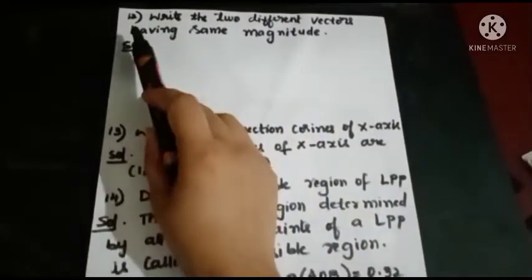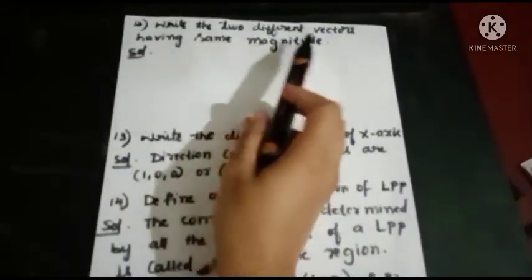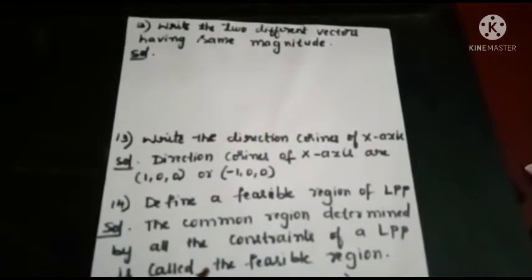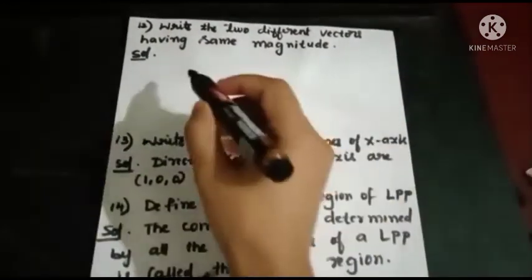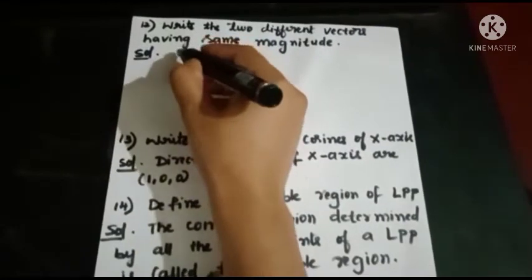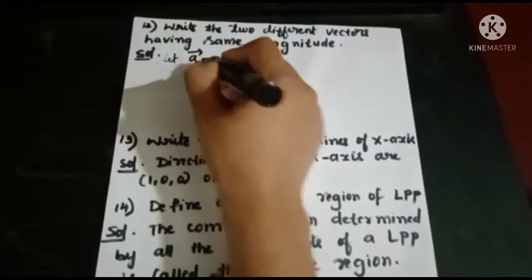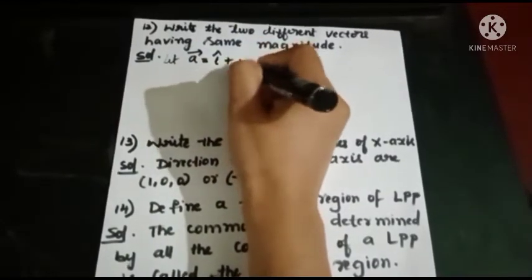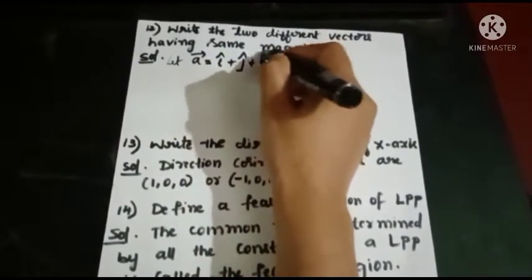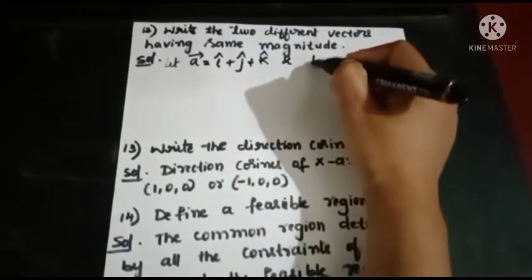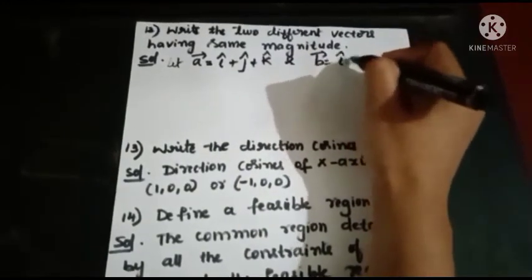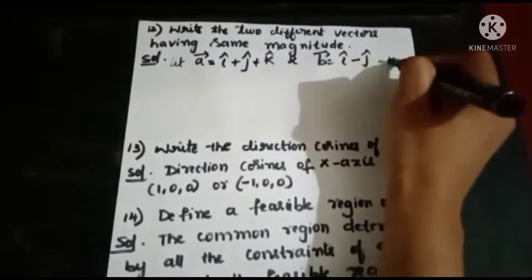This is right. 13th question is write two different vectors having the same magnitude. So two vectors: let vector a be defined as a is equal to i cap plus j cap plus k cap, and let vector b be i cap minus j cap minus k cap.